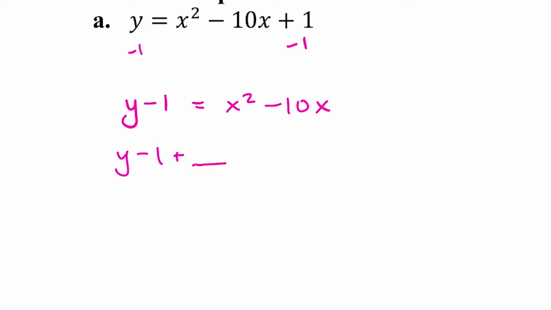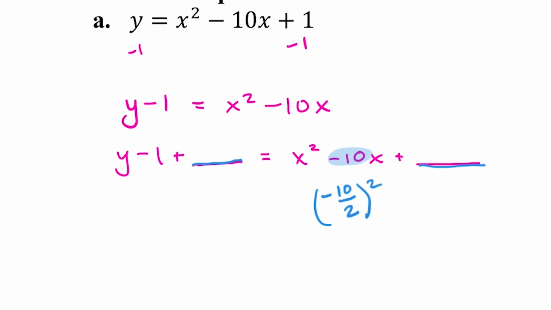So I'm going to create that space on both sides of the equation. And to figure out what that number is that will go in those two spots, we will take the linear coefficient, negative 10, and divide it by 2 and square it. So negative 10 divided by 2 is negative 5, squared is 25.